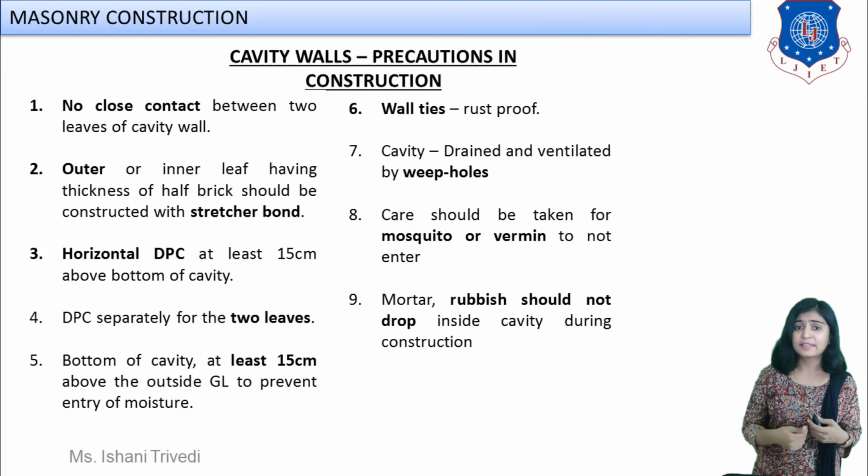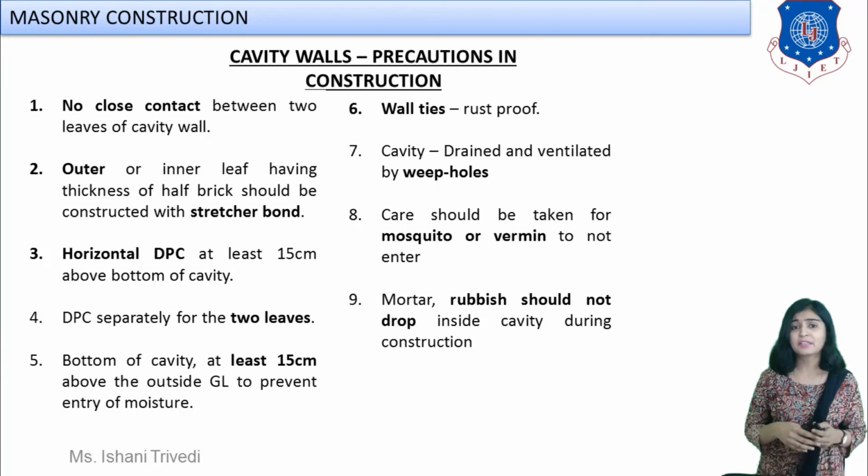Otherwise, if rusting or corrosion takes place, it can cause unnecessary damage to the walls. I think we have discussed this in the embedded steel part. You know that corrosion takes place in the embedded steel, that is a defect in brick masonry construction. Likewise, over here you have to make them rust proof, you have to provide certain remedial measures.